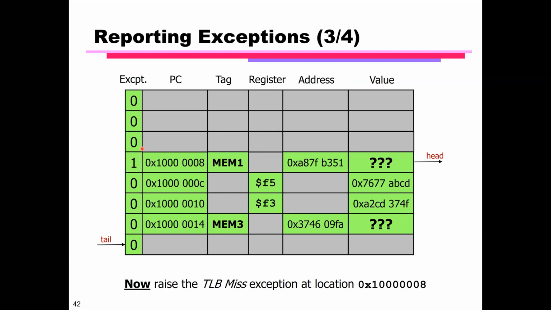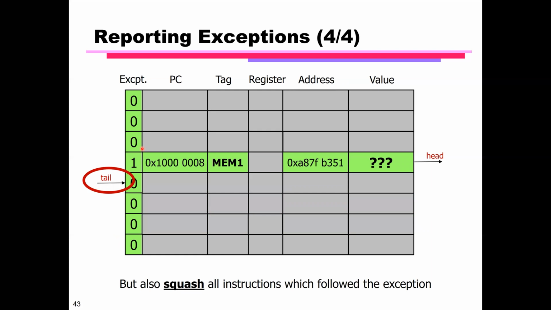Before doing that, though, I do one more thing, which is to move the tail to the next entry in the reorder buffer, which essentially means trash everything that was later in the reorder buffer. This clears the work from the instructions that I maybe was executing but should not have done.